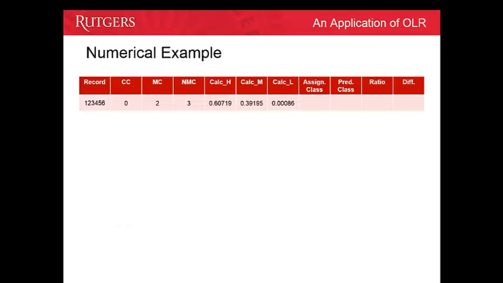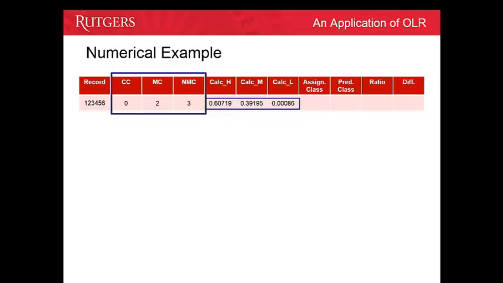This is a numerical example. This is an actual example from the data set. This record has 0 critical issues, 2 major issues, and 3 non-major issues. According to the model that we inferred from historic data, and using the coefficients that we estimated, we can calculate these probabilities.